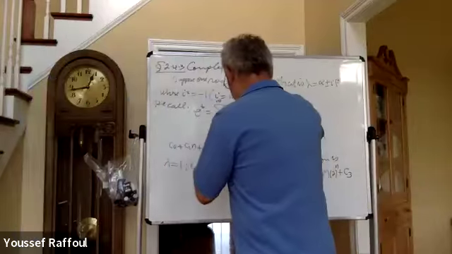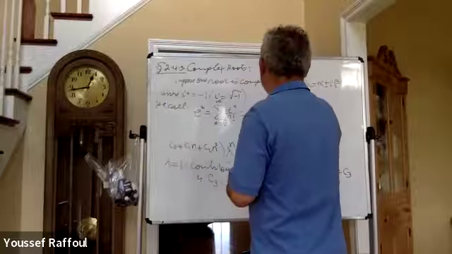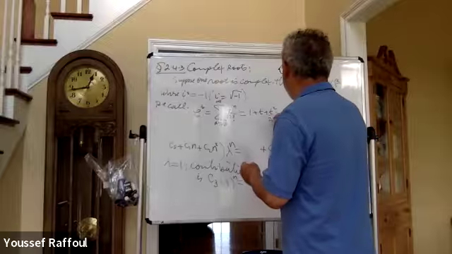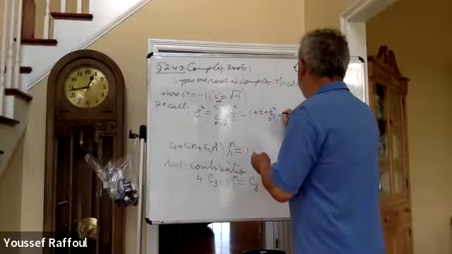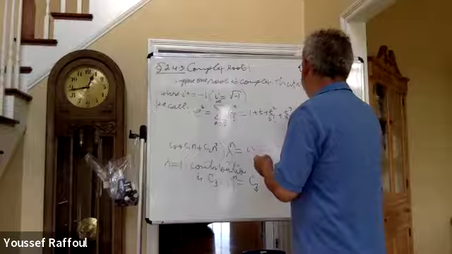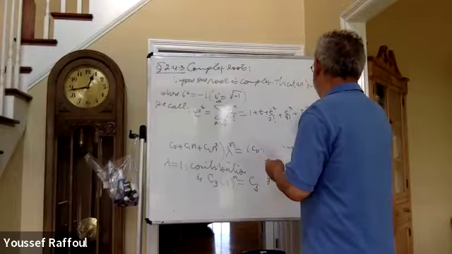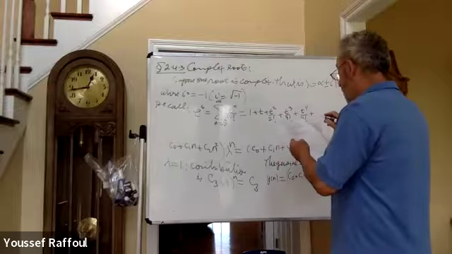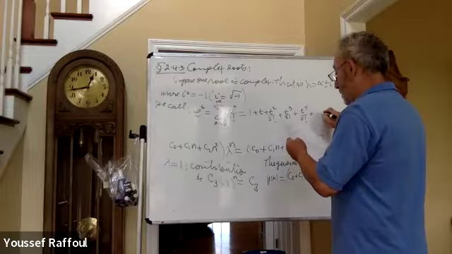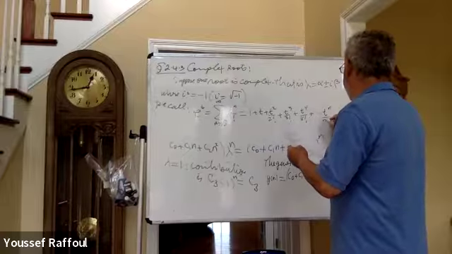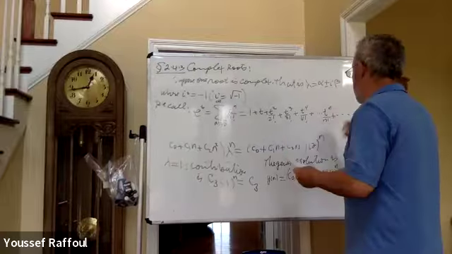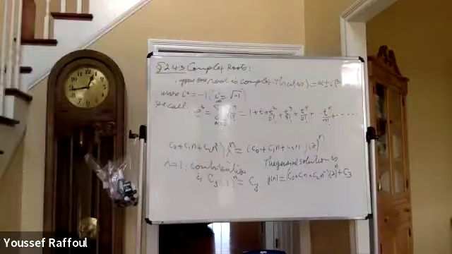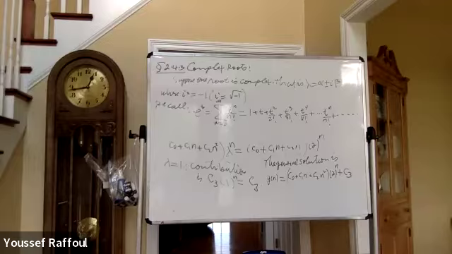And that is 1 plus t plus t squared over 2 factorial plus t cubed over 3 factorial plus t to the 4 over 4 factorial plus t to the n over n factorial plus. Okay?